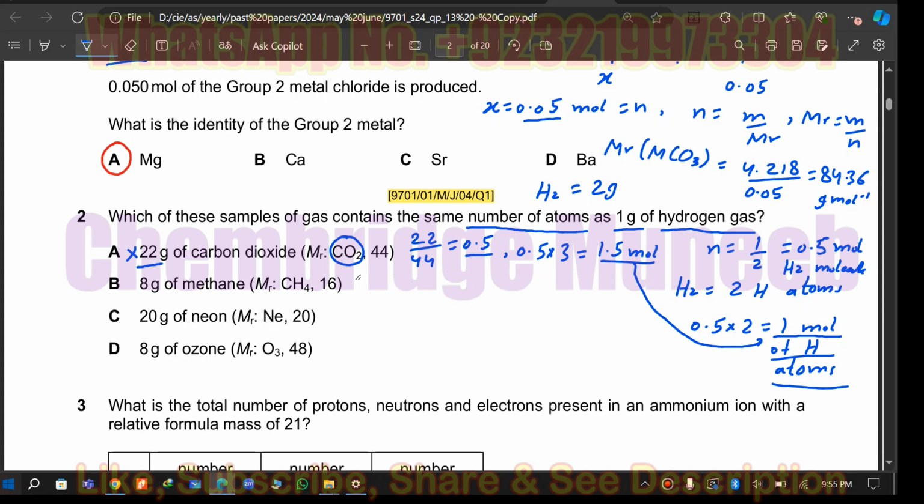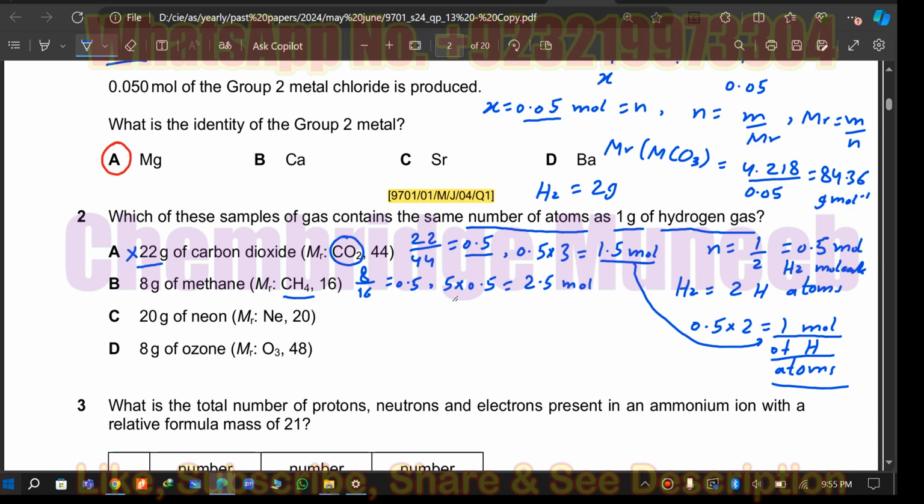We are given 8 gram, so 8 divided by 16 comes out 0.5. Now this 0.5 will be multiplied by the number of atoms present in a single molecule, and we can see there are 5 atoms, so 5 multiplied by 0.5, so its value comes out to be 2.5 mole of the atoms in CH4.